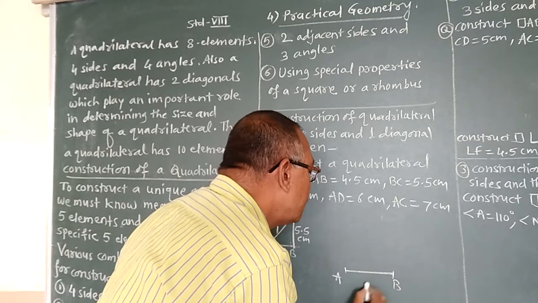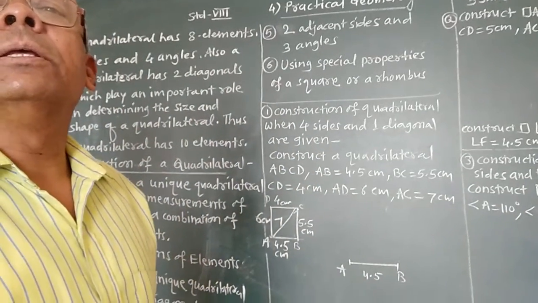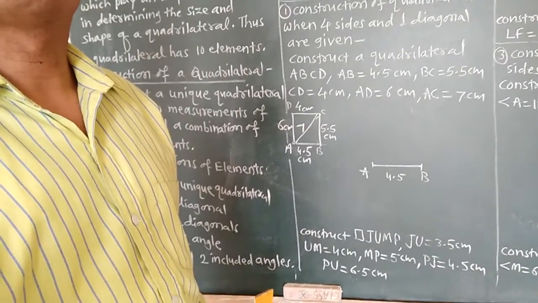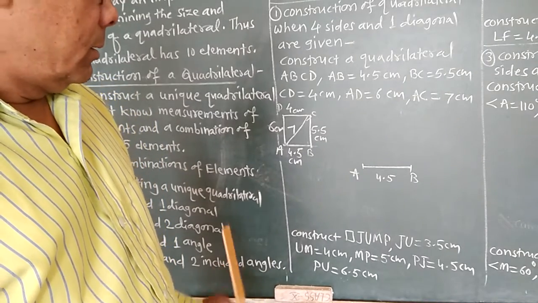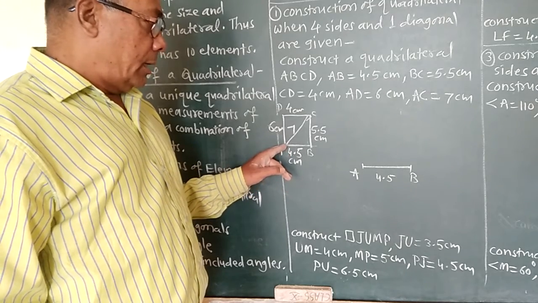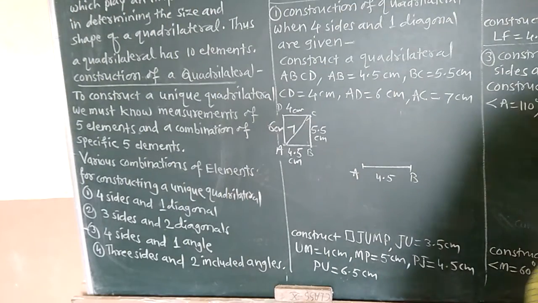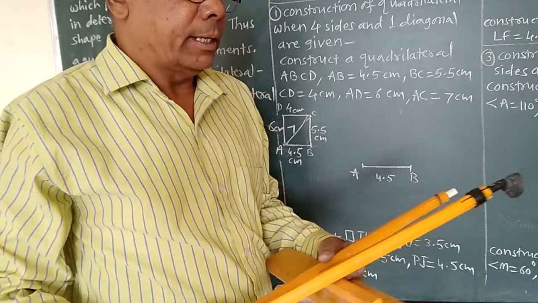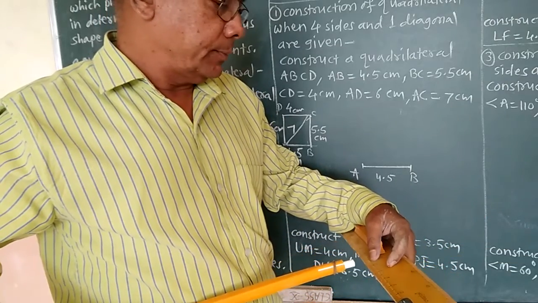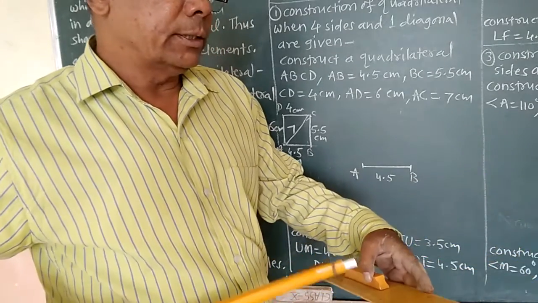In this way I have drawn the segment, and now I have to draw the diagonal first. Means the length of the diagonal is 7. So take 7 centimeter distance in a compass.